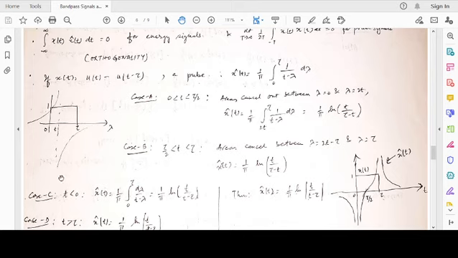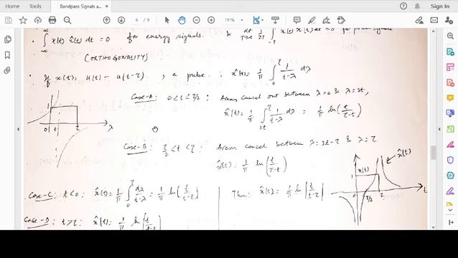In that case, this is an odd function if it is shifted by tau with respect to t equal to 0. So we divide into 4 cases. t lying between 0 to tau by 2, t lying between tau by 2 to tau, t less than 0, t greater than tau.